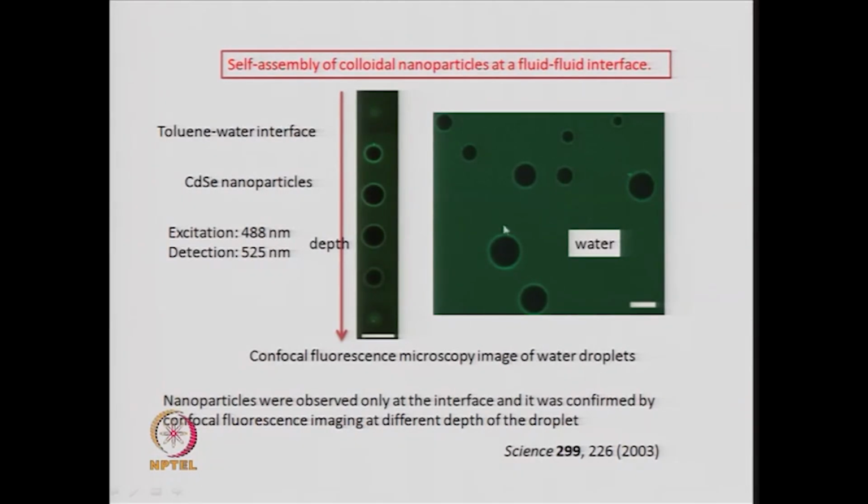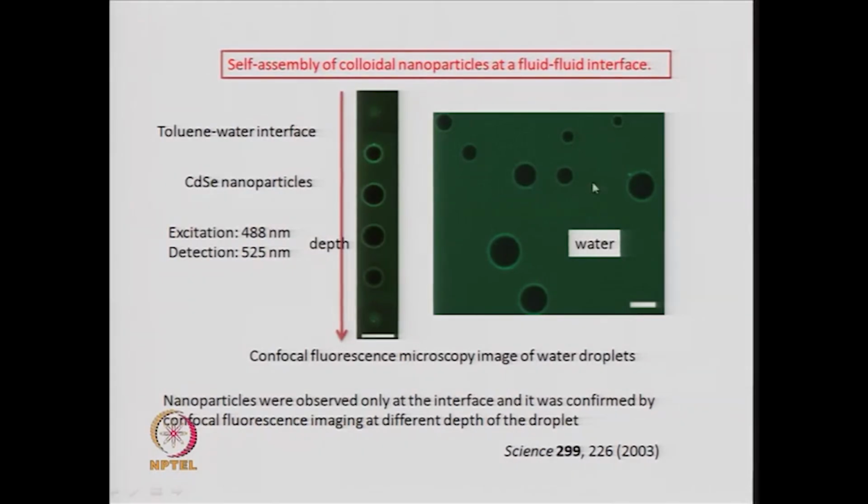So, the water is outside and toluene is inside, and at the interface the cadmium selenide nanoparticles will arrange themselves. If you excite them with this 488 nanometer laser, then you can see a green emission which comes at 525 nanometer. This green emission is coming from only this interface area.